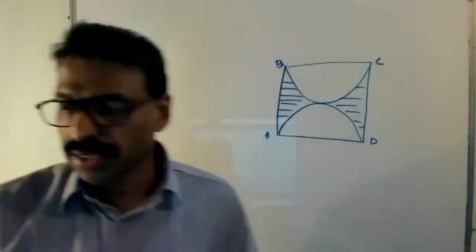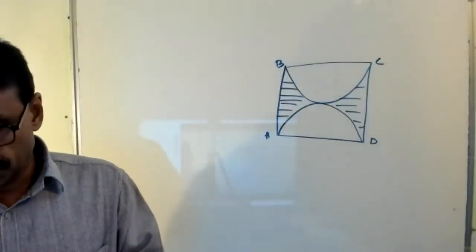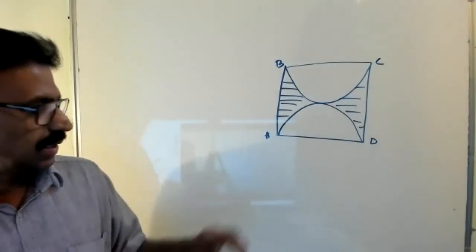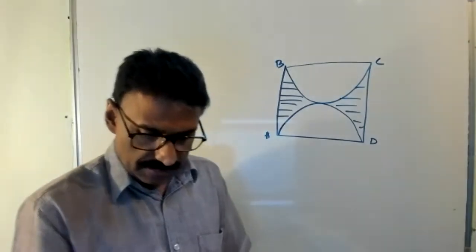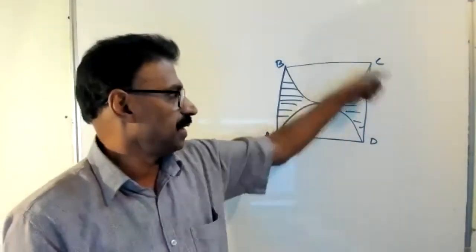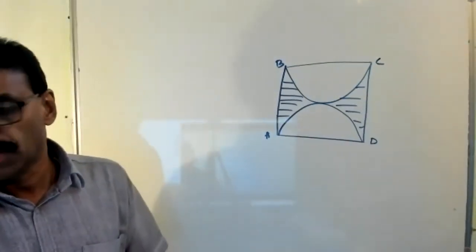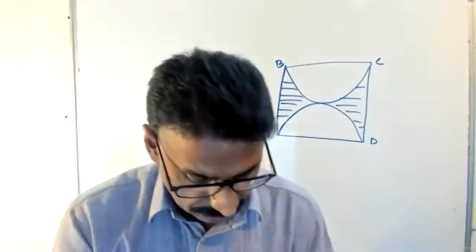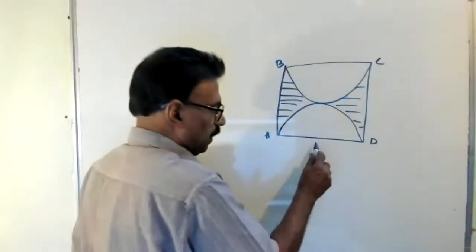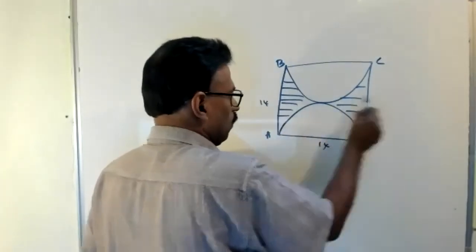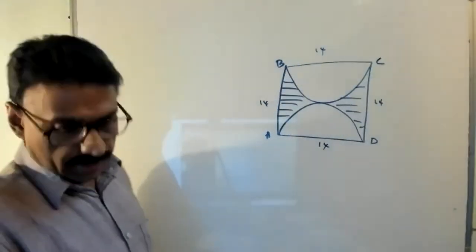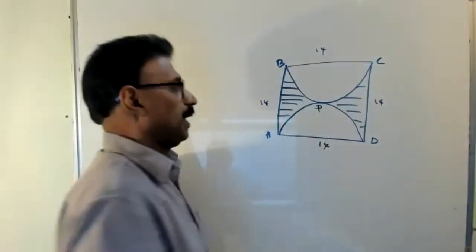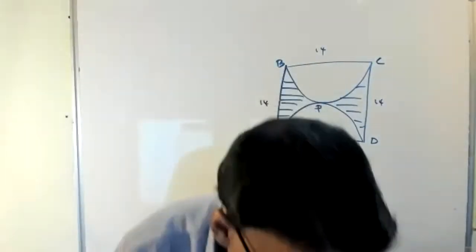Question is, find the area of the shaded region if ABCD is a square of side 14 centimeter, and this is 14, 14, 14, 14. Then APD, P here, and BPC are semicircles.